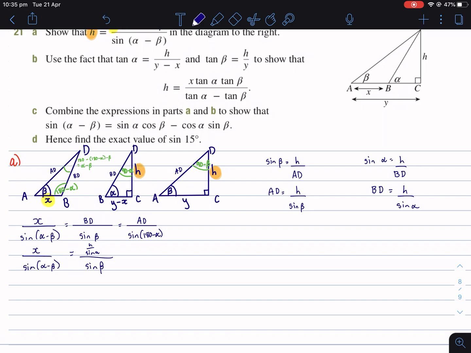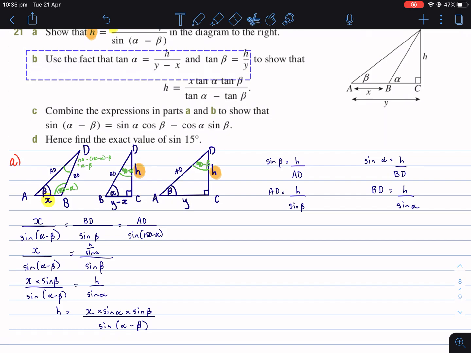I'm going to take that sine beta up first. So I've got x times sine beta over sine alpha take beta equals h on sine alpha, which means I just need to rearrange this, and I get h equals x times sine alpha times sine beta over sine alpha take beta. So that's the kind of question you don't know how you're going to get there. You just start writing things and have a go.